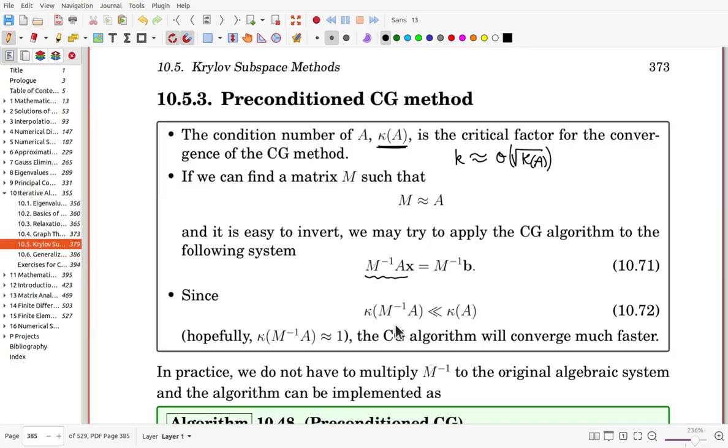So that is the idea of preconditioning. In practical implementation, you don't have to compute M inverse, and you don't have to multiply in this way. The algorithm can be modified such that eventually it is solving this system, but we never multiply an M inverse to the system.